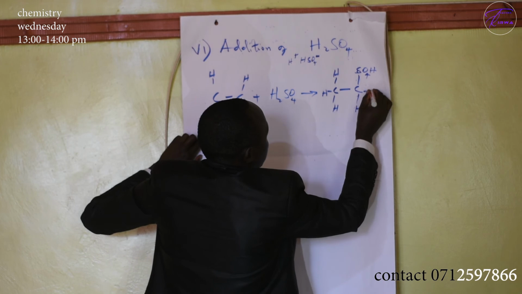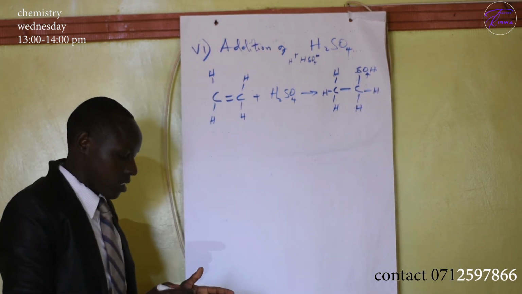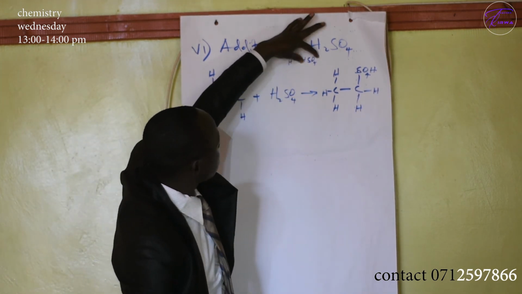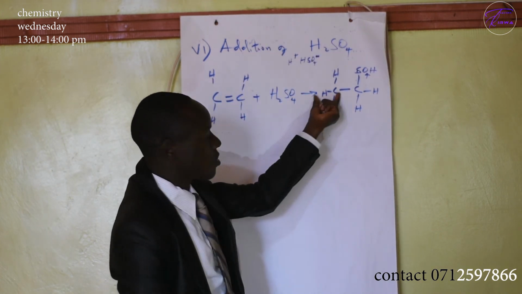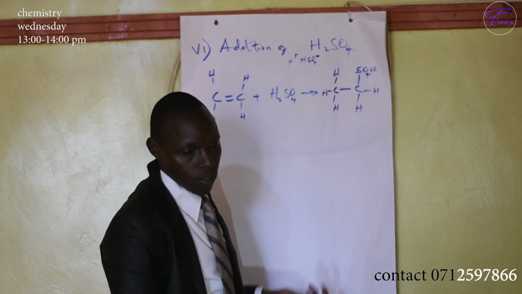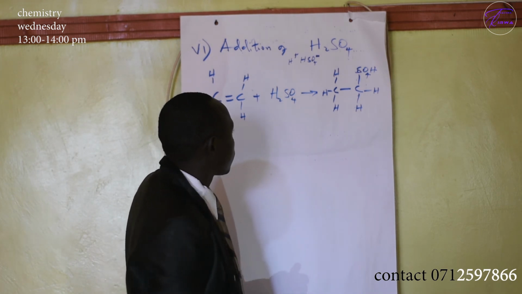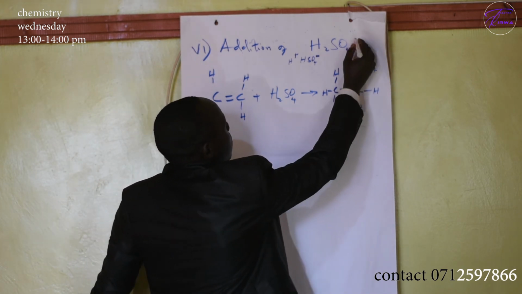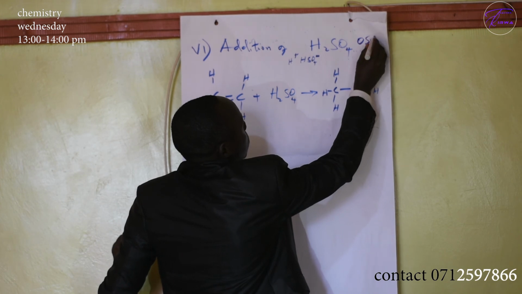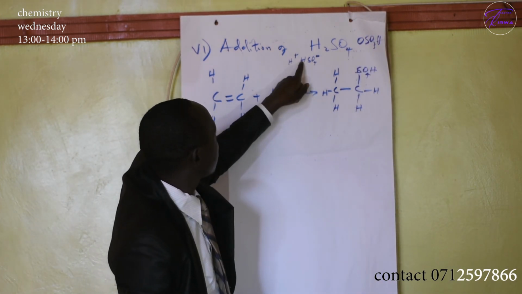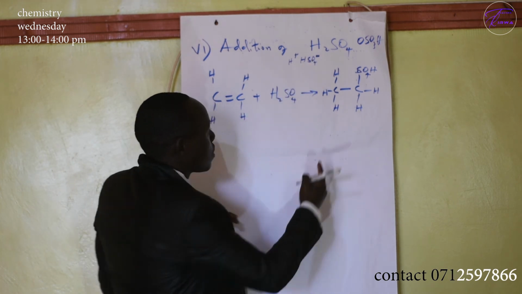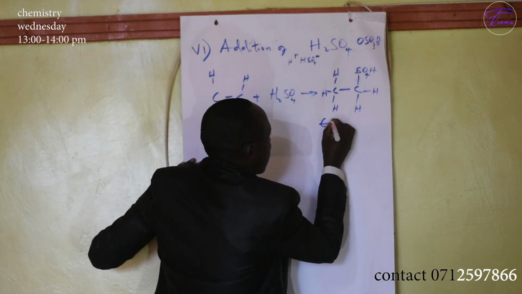This is H, this H. The trick is just that this adds to one part and this hydrogen adds to the other side, so that the double bond is broken. Whichever way you write it, somebody else will write OSO3H. It is still the same thing. It is still HSO4.